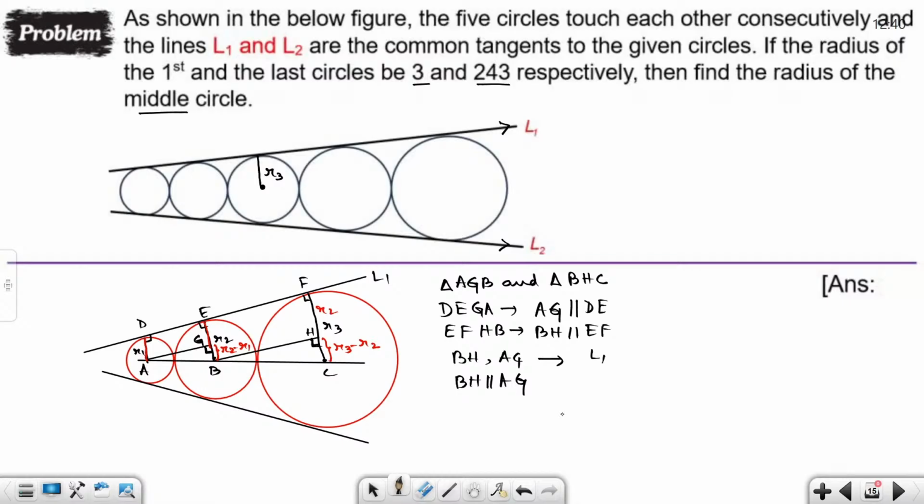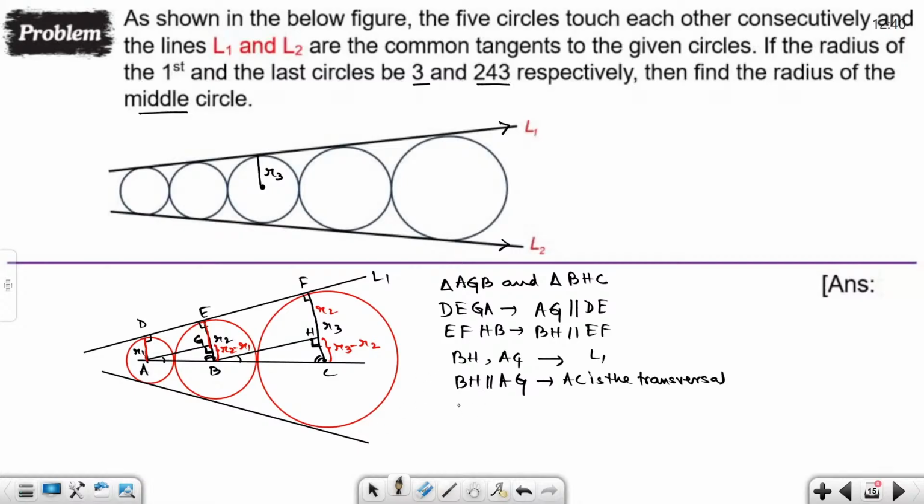Am I correct? And here AC is the transversal. If AC is the transversal, we can say that this angle will be equal to this angle, right? So obviously the other angle will definitely be equal to the other angle.